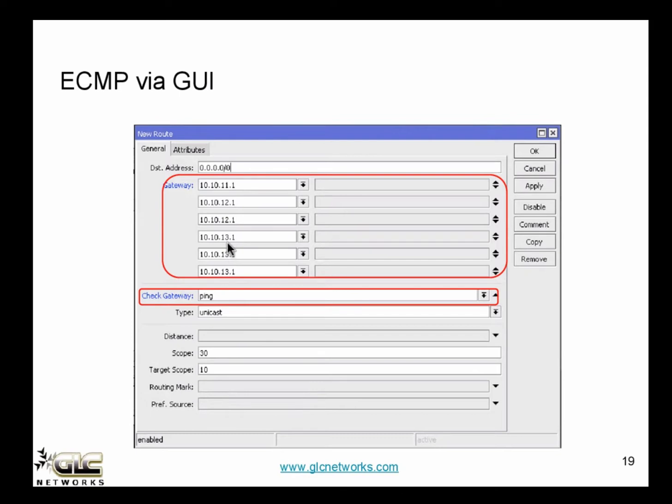Why 3 times? Because it is 3 times higher than 1, so it depends on the capacity of the link. And don't forget to put the check gateway to always check whether the gateways are still reachable or not.